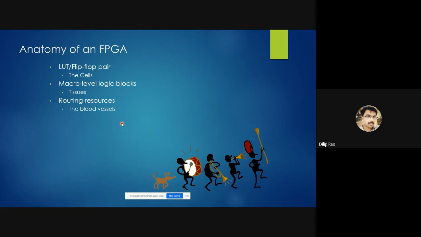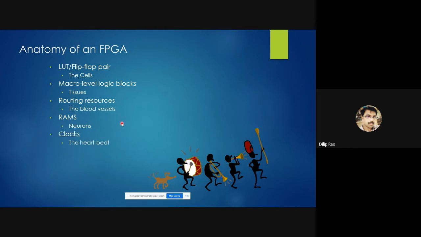These routing resources are comparable to blood vessels. And then we have the RAMs, which are basically memory units. I compare these to neurons in our brain, which help us memorize information.